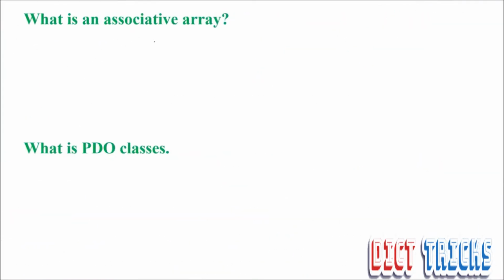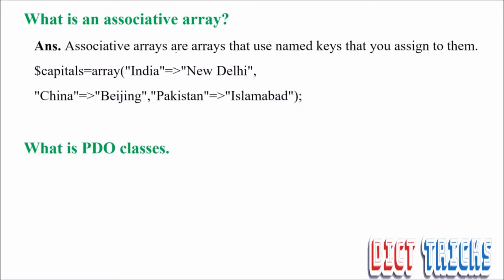What is an associative array? Associative arrays are arrays that use named keys that you assign to them. For instance, if you want to see how it looks, this is capitals, this is equal to array, and then India, we are talking about, say, the capitals. The way we write it is, you have to write array here, means ARRAY, in the bracket. This is the name, this is the value.